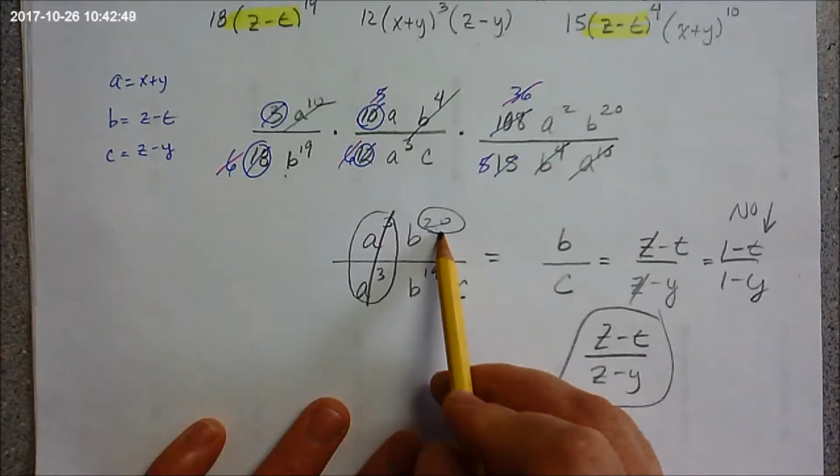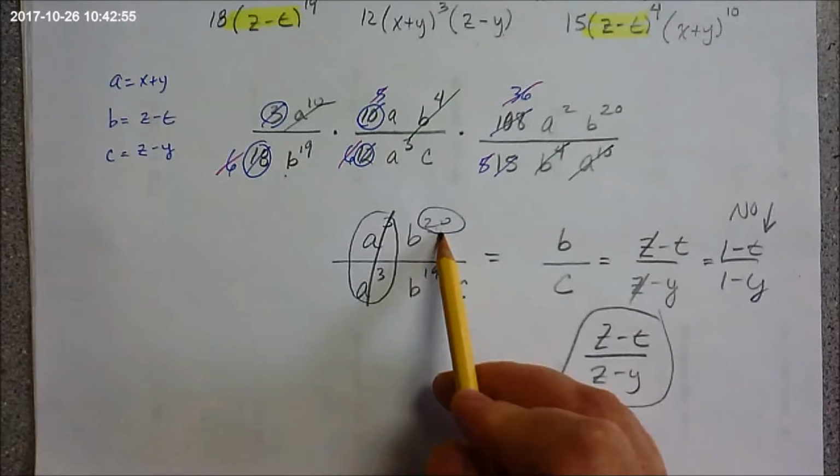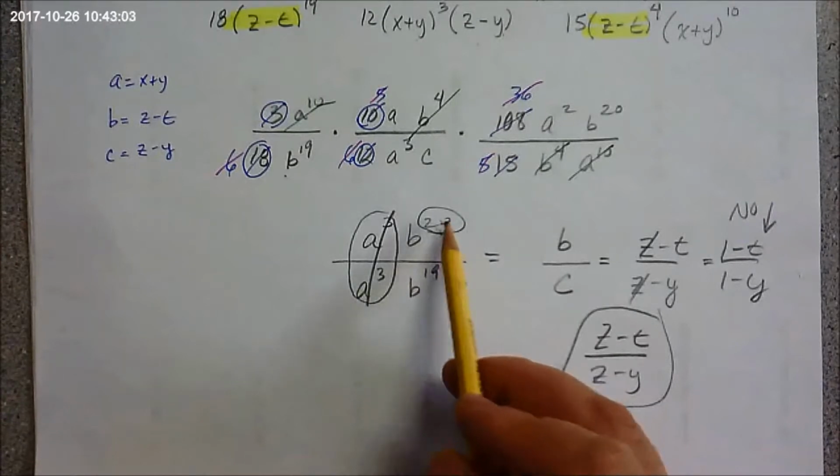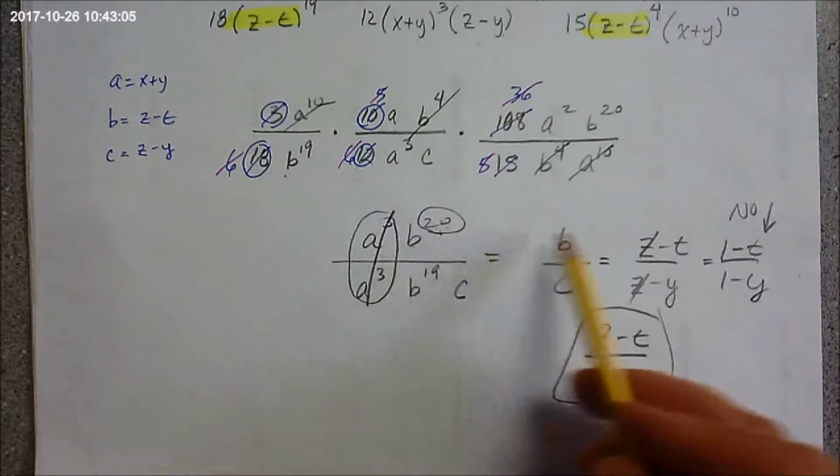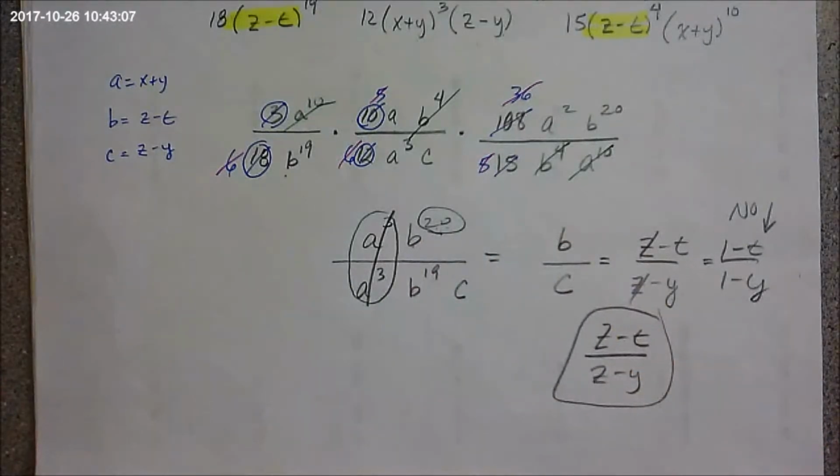Diego, okay, here's the thing. I think you know, and you can write it, but since you can't say it, you're really struggling, because that means this idea in your head isn't formed. This 20 means there are 20 b's multiplying. It would be b times b times b 20 times, right?